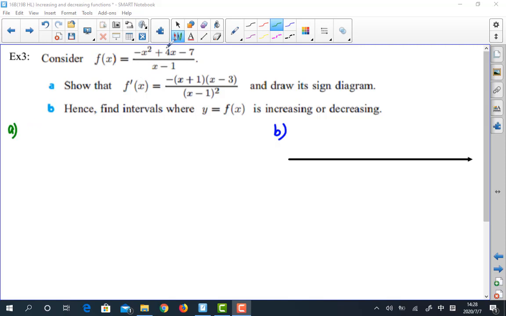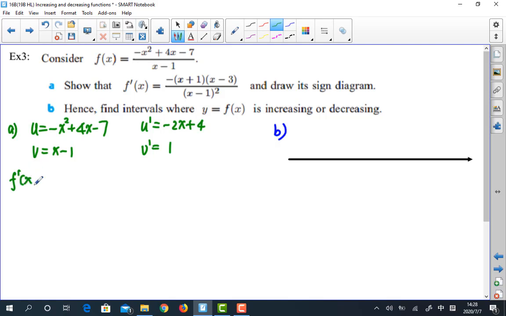So this is a quotient, so we need to apply the quotient rule. Let u be negative x squared plus 4x minus 7, v be x minus 1. So u prime should be negative 2x plus 4, v prime should be 1. f prime x should be u prime v, low d high, minus high d low, u v prime.